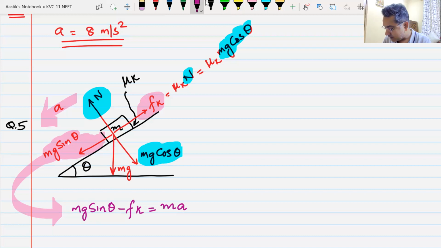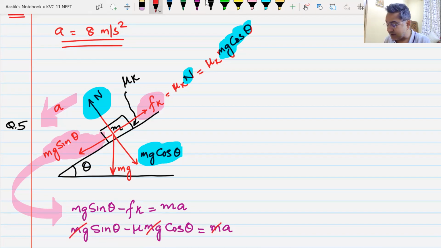So now I put the value of Fk: mg sine theta minus mu. Let's just write it as mu, not as mu k. Mu into m into g into cos theta, that must be equal to ma. From here I will get the value of a.